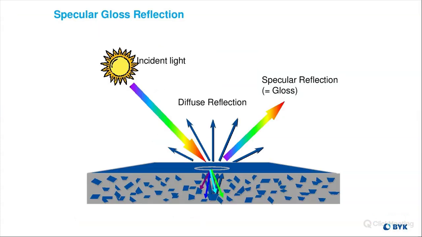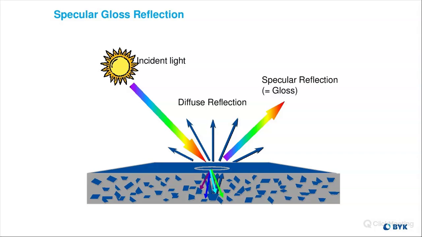So here's a nice example of incident light that is striking an opaque sample. We have a couple of things happening here all at once. We have that white light that is being absorbed into the surface. And we know that white light is made up of many colors, all the colors in the rainbow.